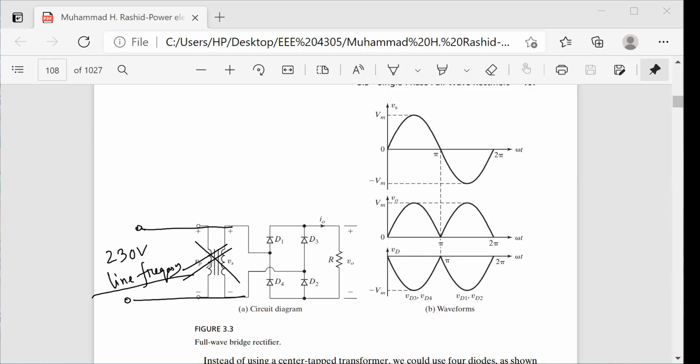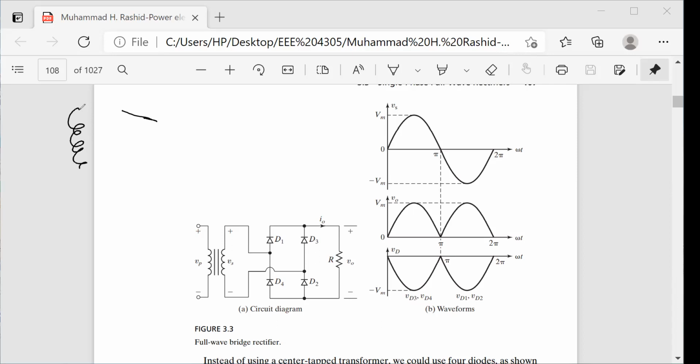Okay, now. We have done this in the second semester, if you remember. Let us use the transformer because the transformer sometimes is used to step down the voltage and also to isolate the input from your rectifier circuit.